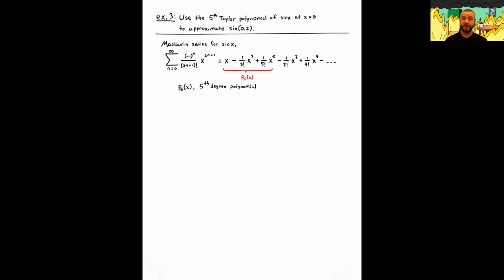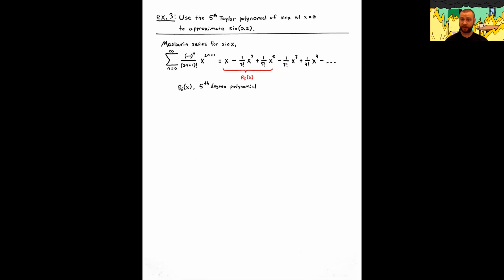And that is pretty much the first 3 terms in that Maclaurin series for sine of x: x minus 1 over 3 factorial x cubed plus 1 over 5 factorial x to the fifth. Those 3 terms are what we're going to call the fifth Taylor polynomial of sine of x.